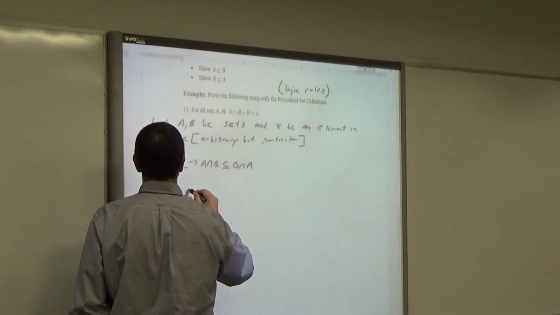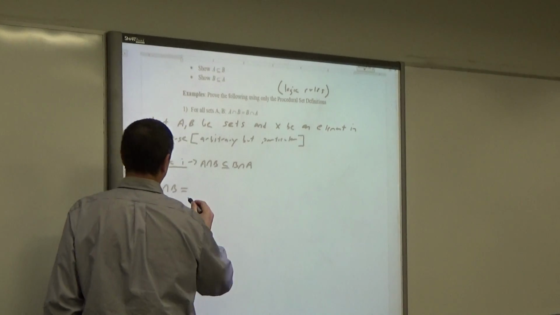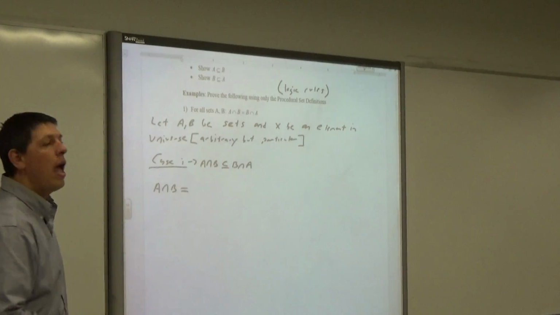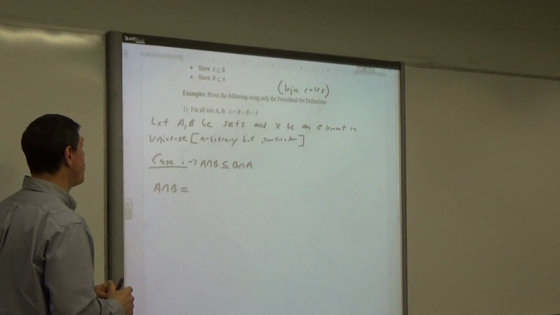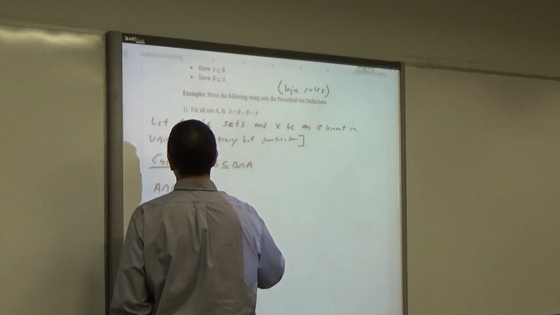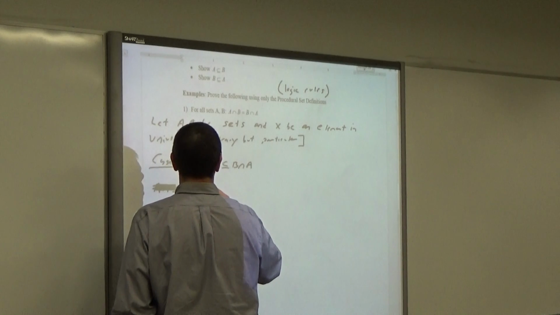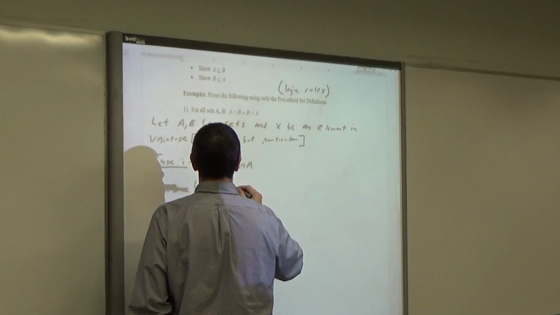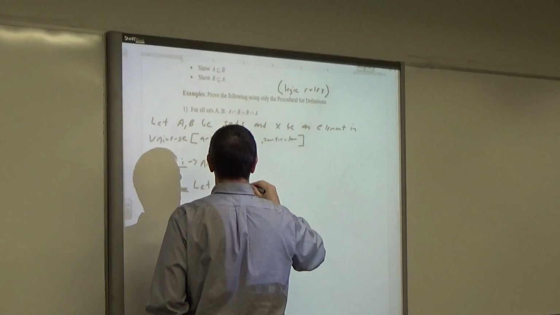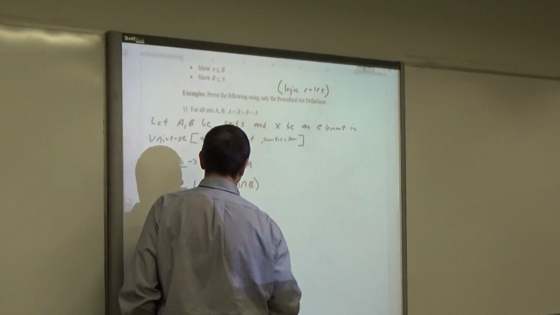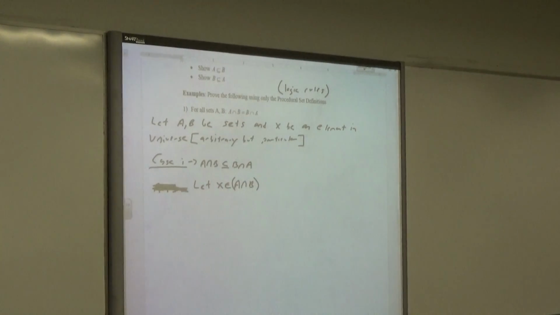So we can say A intersect B, and guys, don't we already know by procedural definition that this is equal to, or I'm sorry, stop that. We're going to say, let X be an element of A intersect B. I apologize. So we're just assuming that X is just some element in the set A intersect B. Okay. Can we use the procedural definition?